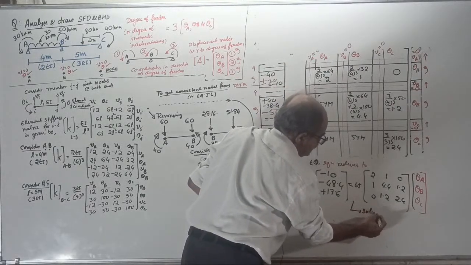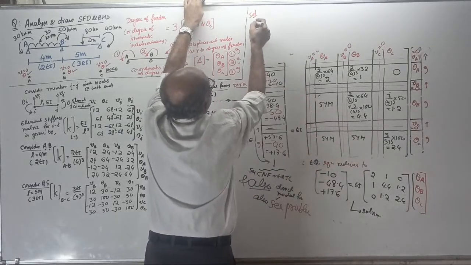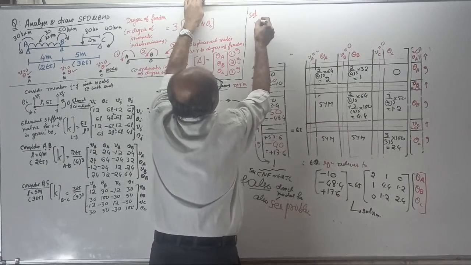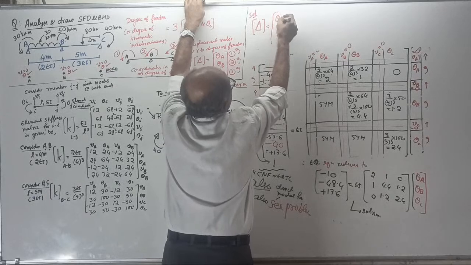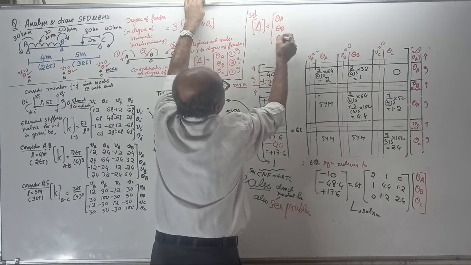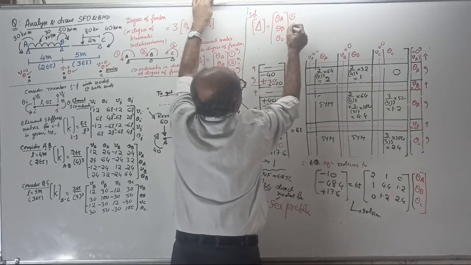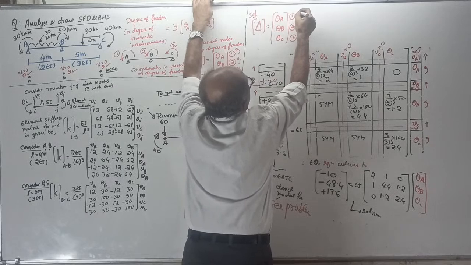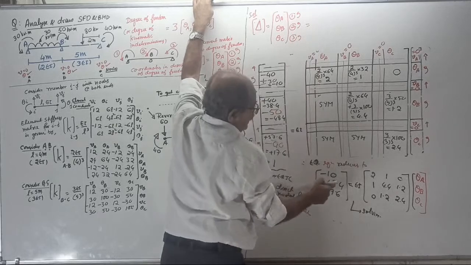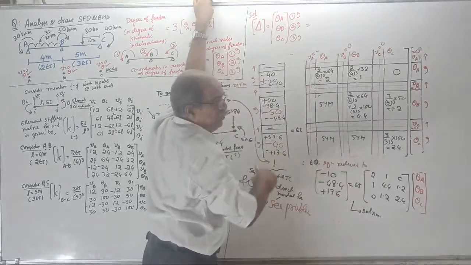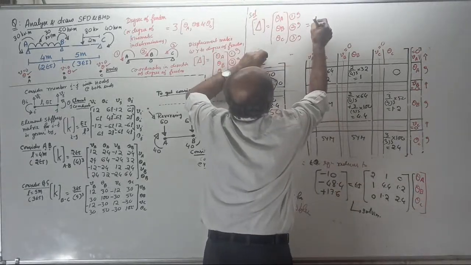Therefore, you write here: solving, see, you get the displacement matrix delta, that is theta A, theta B, theta C. Actually, if you want, coordinate 1, coordinate 2, coordinate 3, all are anti-clockwise positive, equal to 1 by EI times, when you take EI to the other side.